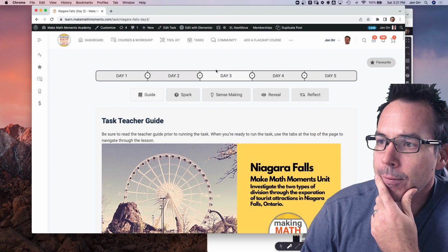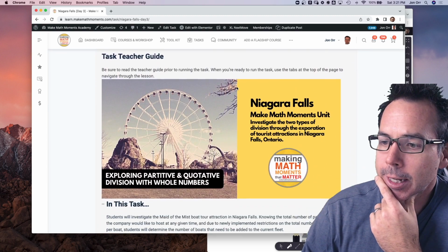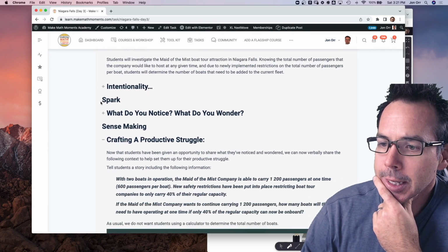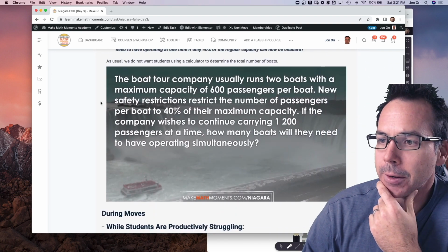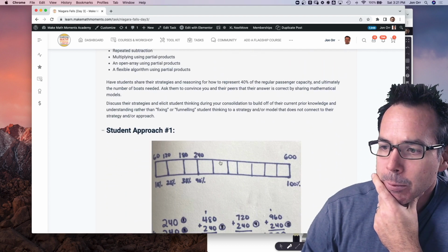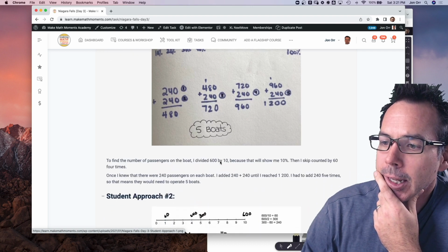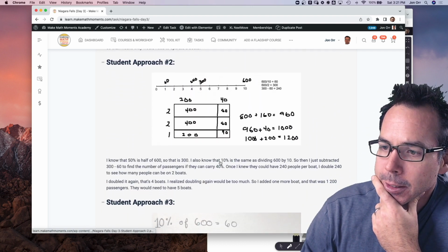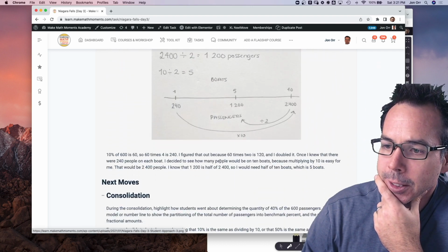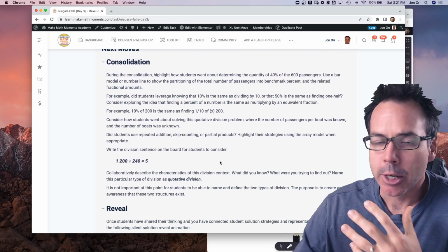So if you start on day 1, you start with division, but on day 3 is when we start getting into percents, and you can see that we've got a problem here that asks them to figure out what 40% of a value is. And we walk through what some students might do on that problem. You can see the double number line exist as a model to help solve problems here. That can be a really nice task to get students to start to show that model.